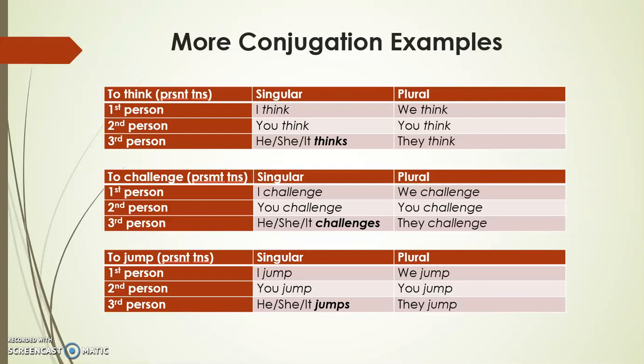And then the verb challenge, the conjugation in every instance is challenge except for in the third person singular. He, she, or it challenges. And then to jump, every instance of conjugation is jump except for the third person singular, which of course is jumps with that S on the end.